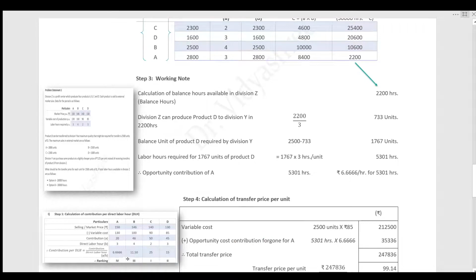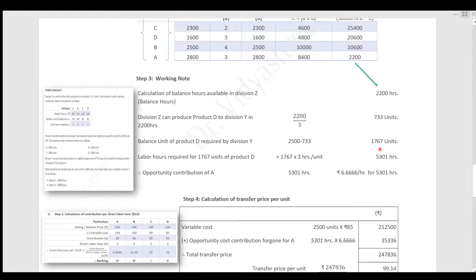The contribution of product A is 6.666. Same thing you're going to take into this 5,301 hours. Let me repeat. You're just going to take the balance hours. In this balance hours, you are able to manufacture 733 units, but the total demand is 2,500. So the left out units still to be manufactured is 1,767 units.